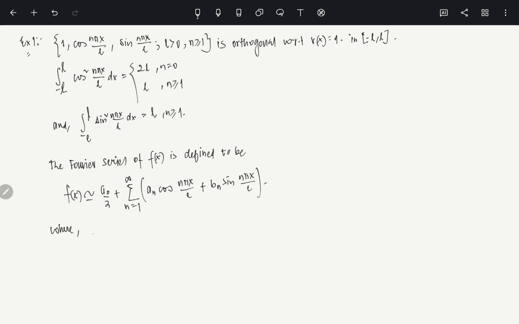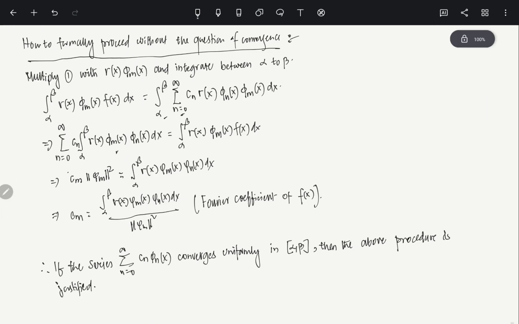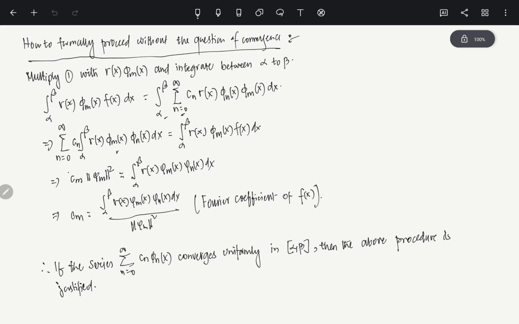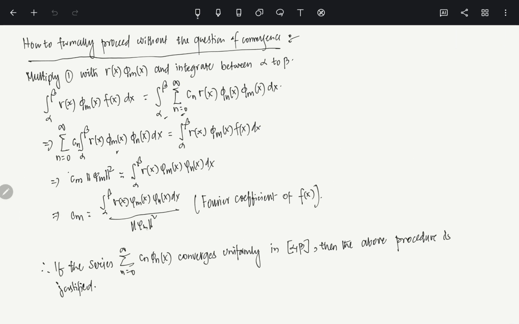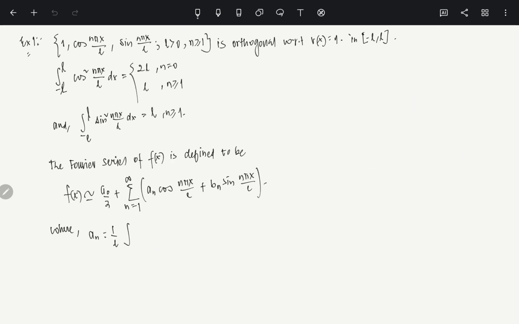Where, let me just write it. What is an? An is 1 by L. Why 1 by L? Because you remember this part is there, phi m square. What is phi m's here? They are like sines and cosines, right? So an is basically that cosine part, so that 1 by L thing is there. You see, phi n square, so cosine square. So let me write it.